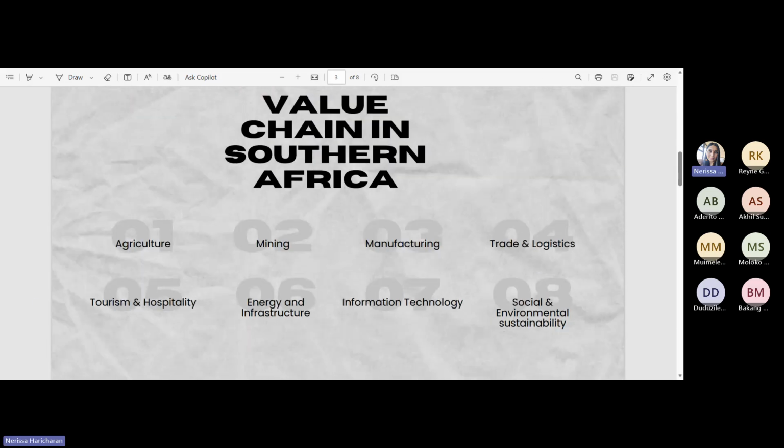Then we want to get into the value chain in Southern Africa. Basically, we're working and living in an environment in Southern Africa where there are a lot of unique economic, social, environmental factors that form part of value chains in the specific region that we're living in. So I just want to touch on a few of them. One of them is agriculture.